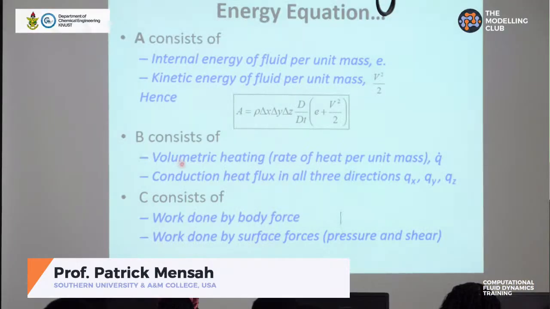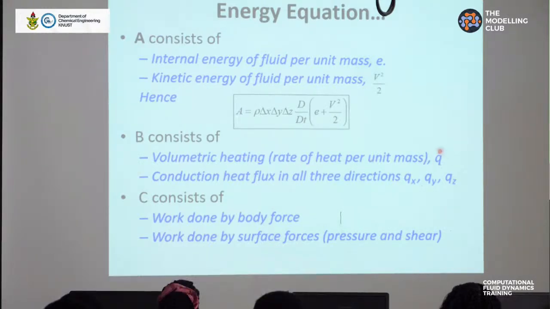And then B, the volumetric heating rate of the fluid per unit mass, would be Q dot, and the conduction of heat in all three directions, let's call them Qx, Qy, and Qz. C will consist of work done by the body forces and the work done by the surface pressure and shear forces.